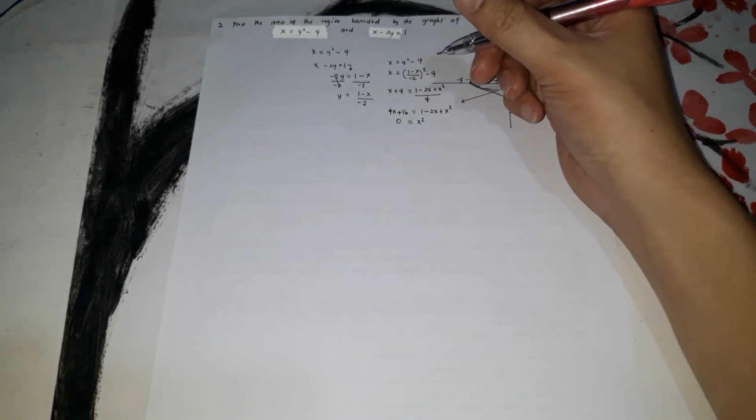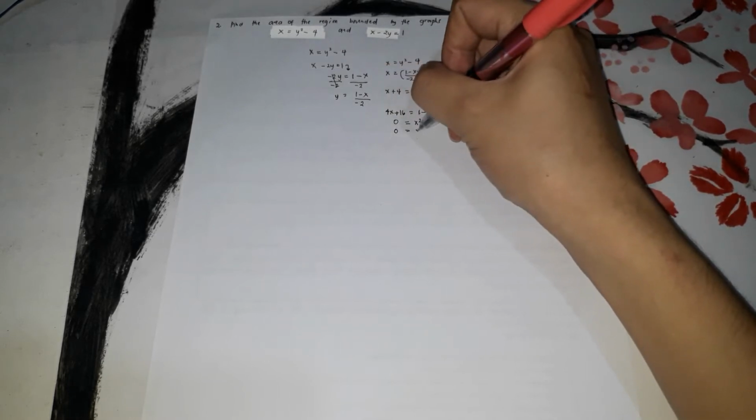0 would be, lipat mo lahat doon sa kabila, x squared, descending order yung exponent, or standard form, negative 2x, ilipat mo siya, magiging negative 4x, plus 1, tapos ilipat mo, magiging negative 16. 0 now would be x squared minus 6x minus 15.